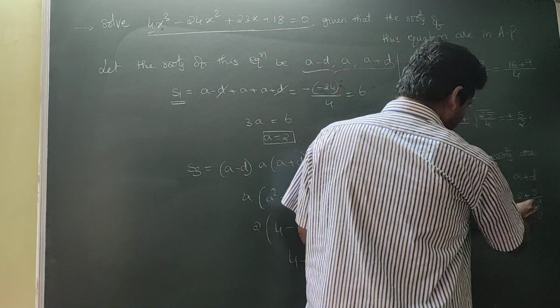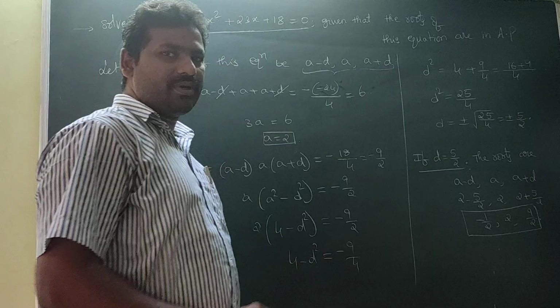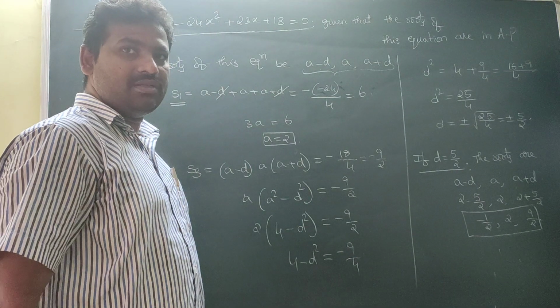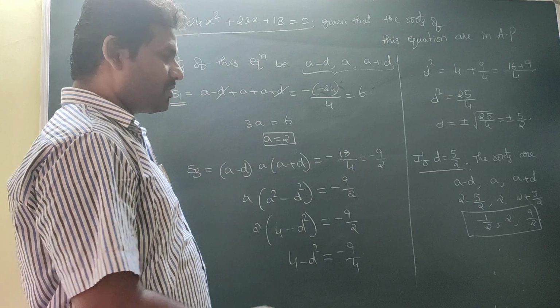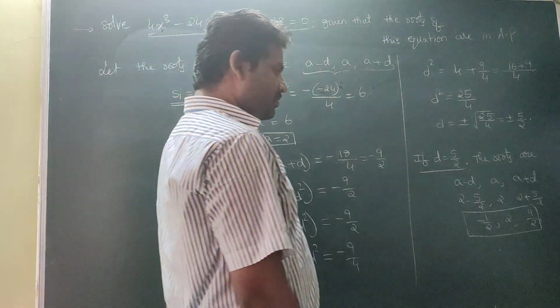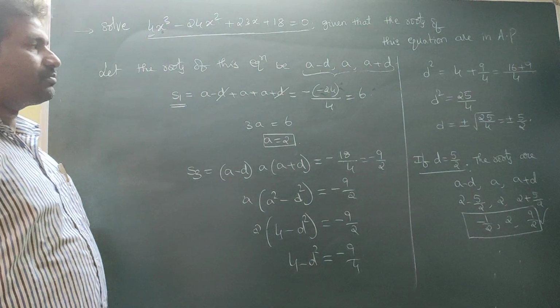So these 3 are the roots. If D equal to minus 5 by 2, then also we get the same roots. So the roots are minus 1 by 2, 2, 9 by 2.